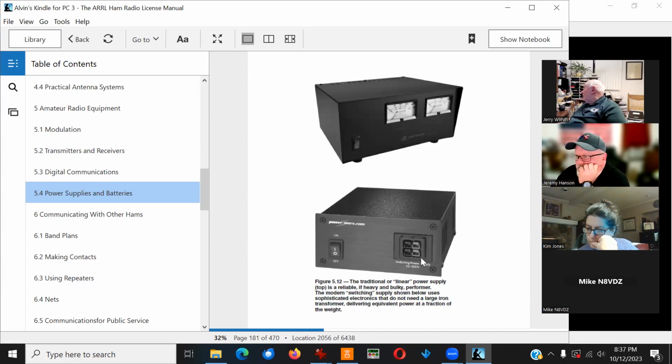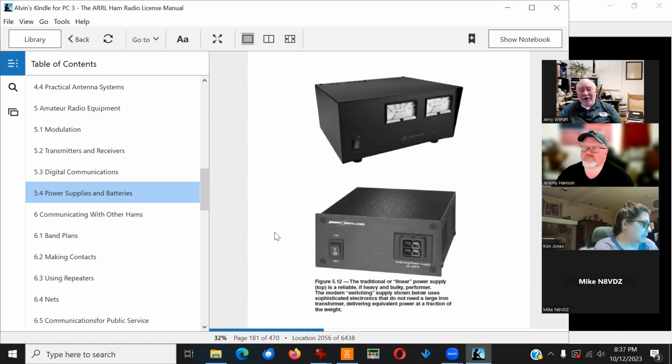Like Astron makes a wonderful power supply. They've done that for many years, but they're a little more expensive than some. There's Jetstream, which is in my What Every Young Ham Should Know letter. There's a place called RNL Electronics in Cincinnati that I recommend.